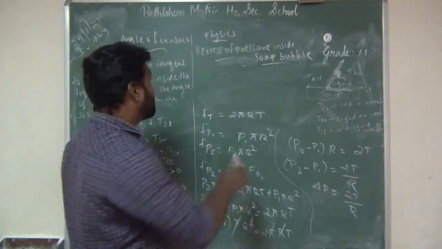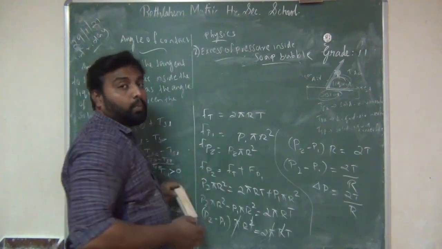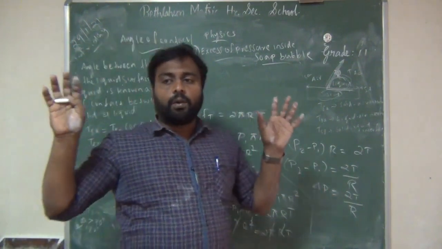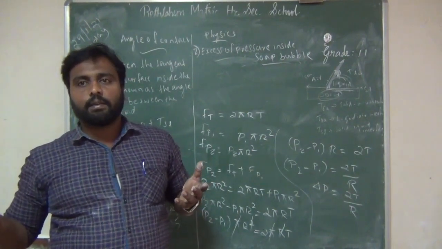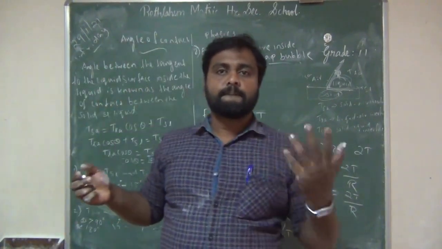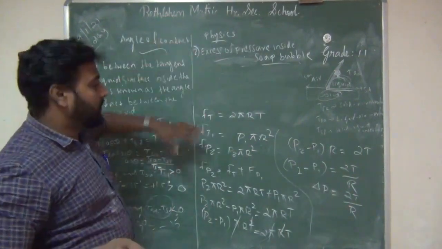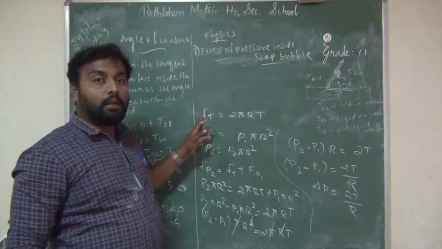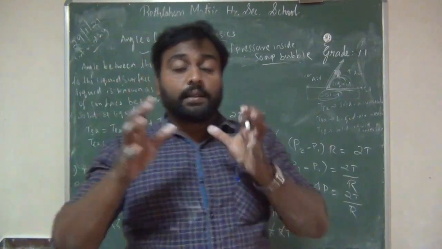Now the next thing is the excess pressure inside a soap bubble. So now we are finding the excess pressure inside a soap bubble. Before finding this, the same thing, F T. Now we are taking a soap bubble.